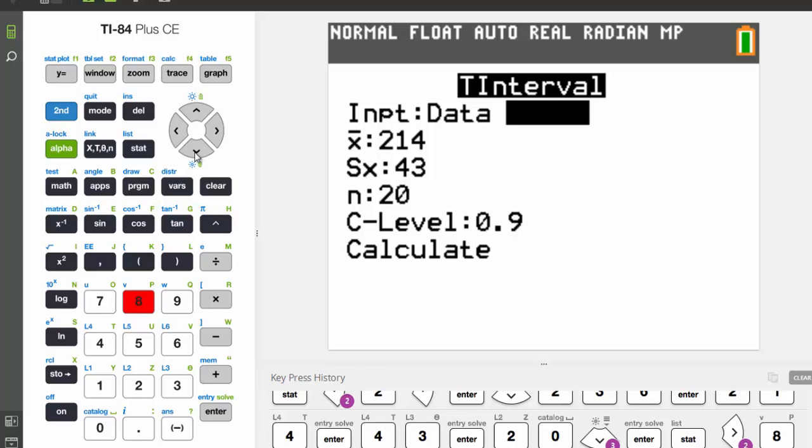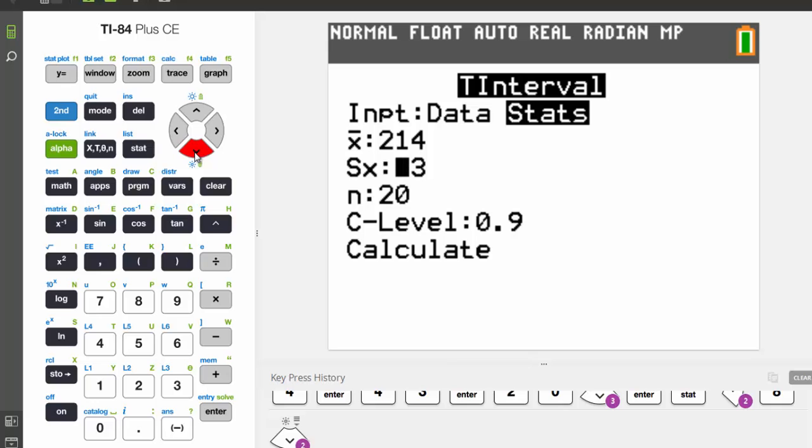Again, we're going to use statistics, not a list of data, and all of the values are already here. The thing that we need to do is type in our confidence level. Since we had a two-tailed test with an alpha of 0.01 that would have been split out into the two tails, then our confidence level should be 0.99.